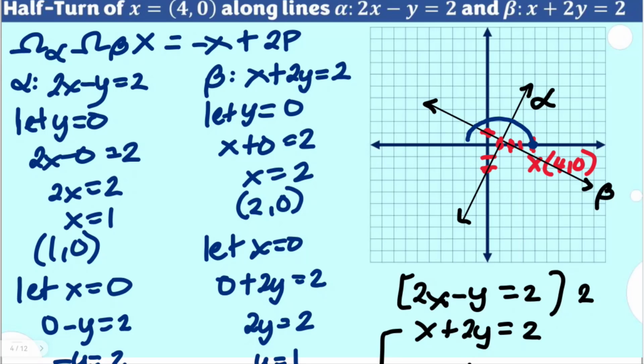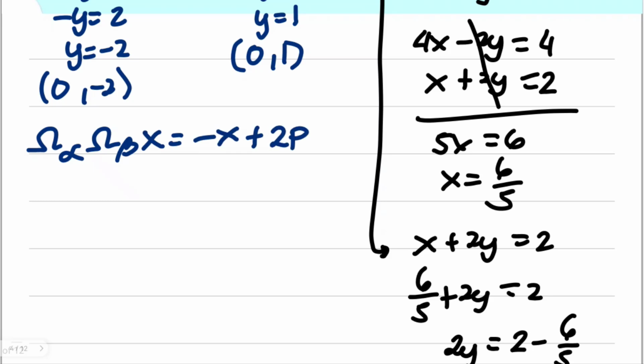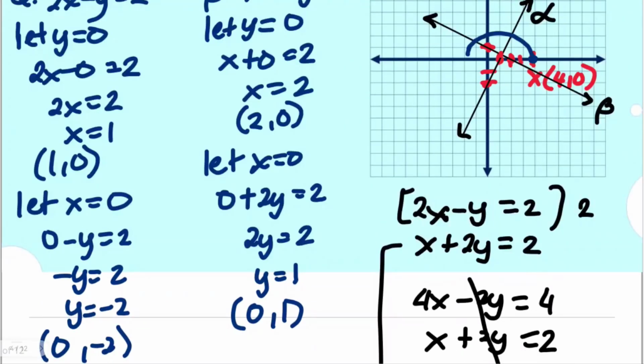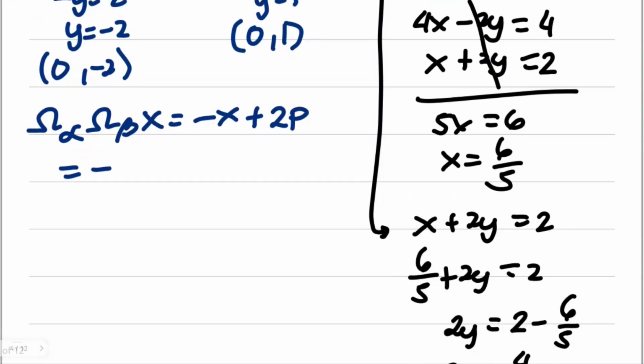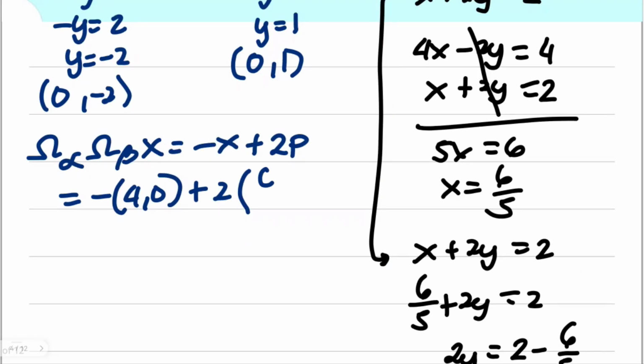Now let's go back to the formula since we have our P. The purpose of the graph is to verify whether our solutions are graphically correct. We have the half turn of x: negative x plus twice P. So negative (4, 0) plus twice P, which is (6/5, 2/5).